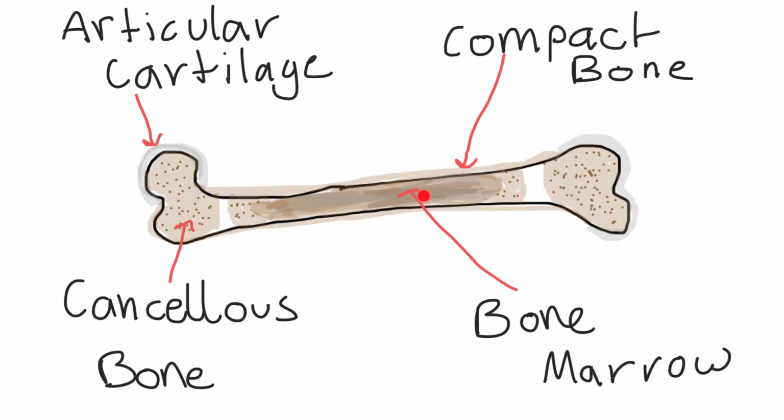In the centre of the bone is the bone marrow. Bone marrow contains blood vessels, fat and blood-forming tissue. At the end of the bone, and where the bone meets other bones, is the articular cartilage. The cartilage is soft but allows the bone to move freely with the other bone.